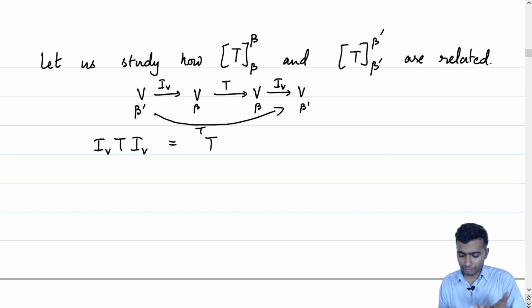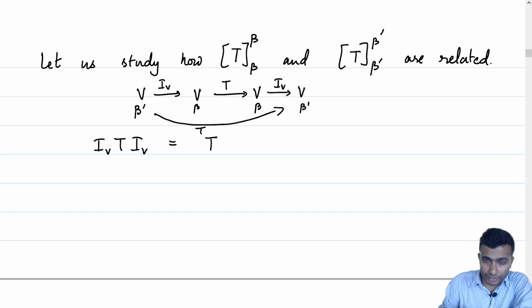But we have developed some notion of how the matrices corresponding to linear transformations behave when we consider compositions. They will just turn out to be the product. So, let us write that down.